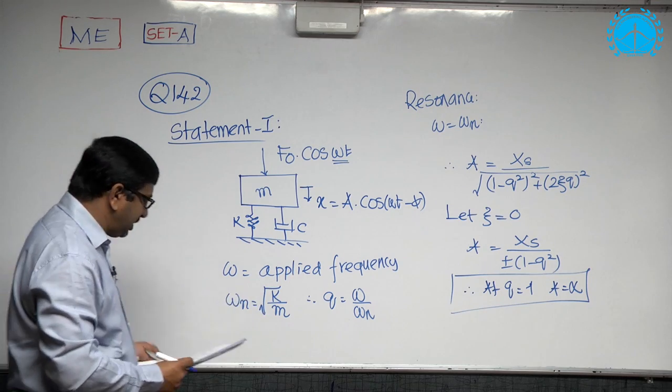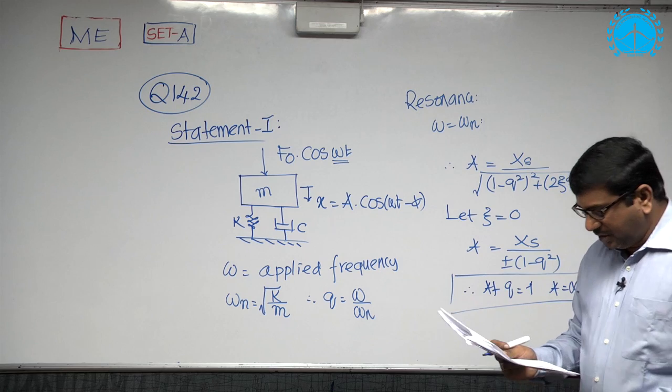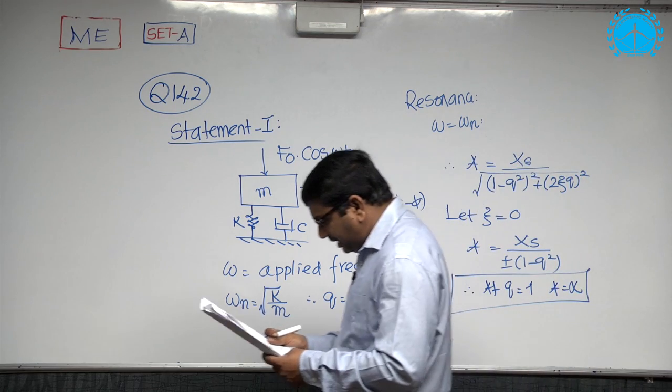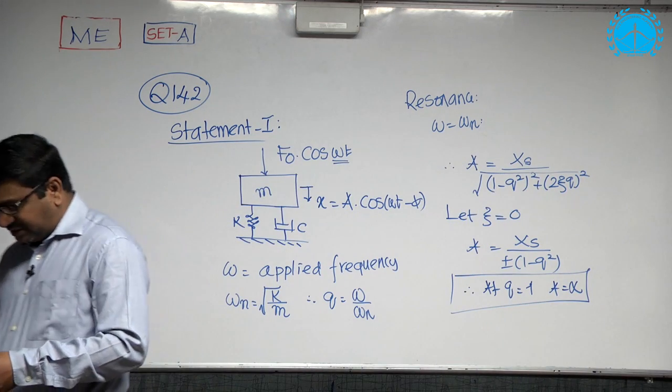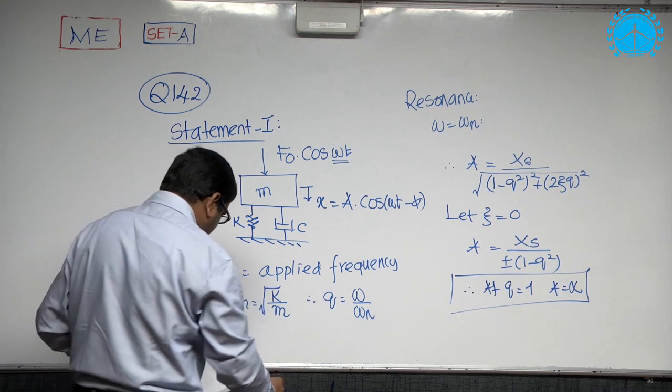Now going to statement 2. It says the amplitude of forced vibration of a body increases with increase in the frequency of the externally impressed periodic force.